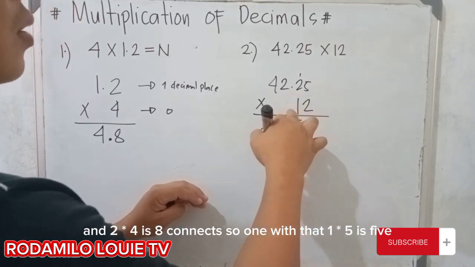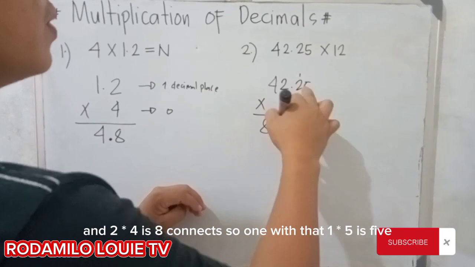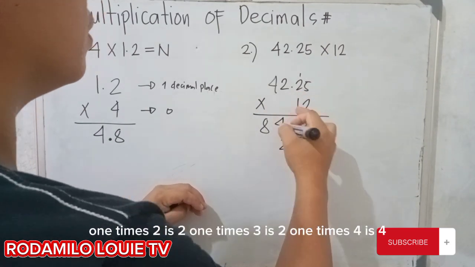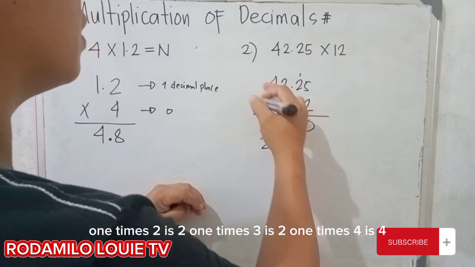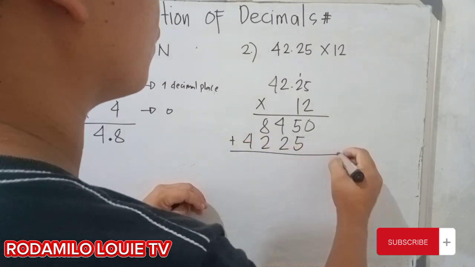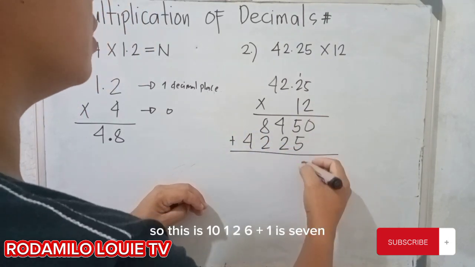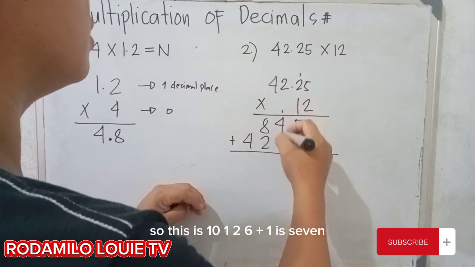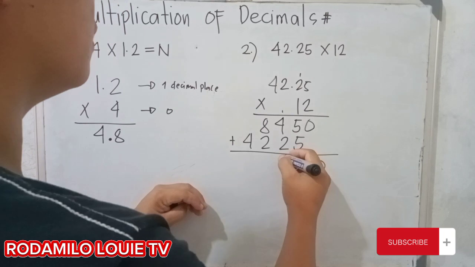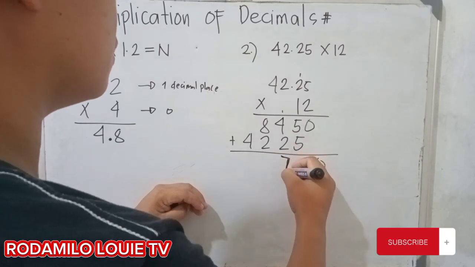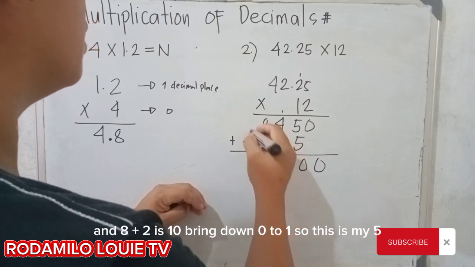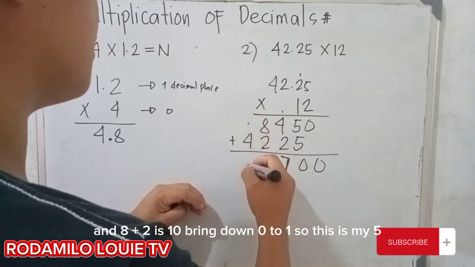Okay, next. 1 times 5 is 5, 1 times 2 is 2, 1 times 2 is 2, 1 times 4 is 4. So let's add, bring down 0. So 6 plus 1 is 7, and 8 plus 2 is 10, bring down 0, carry 1. So this is 5.